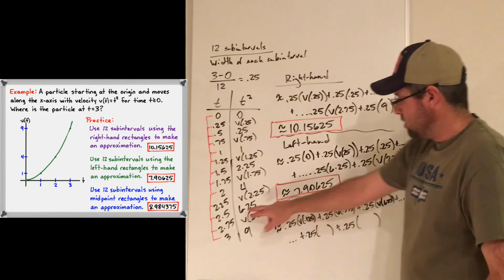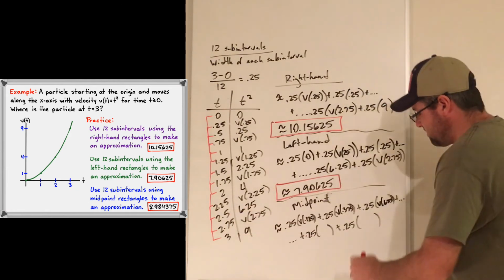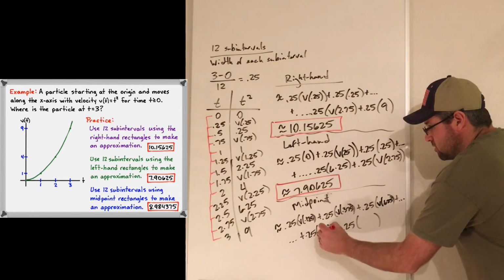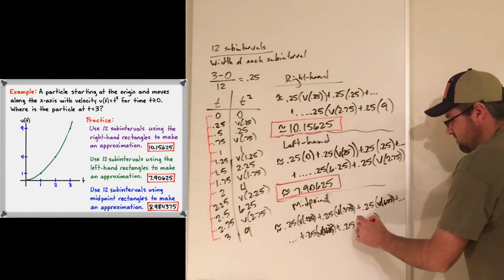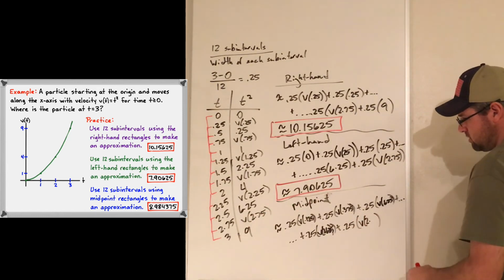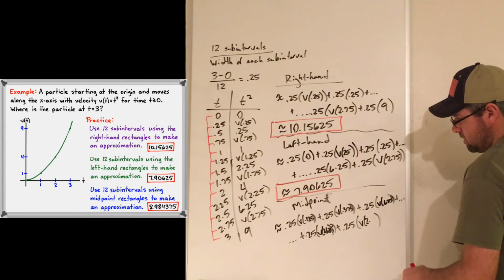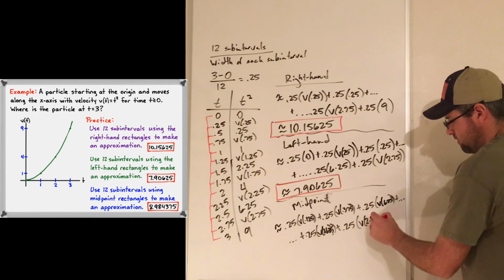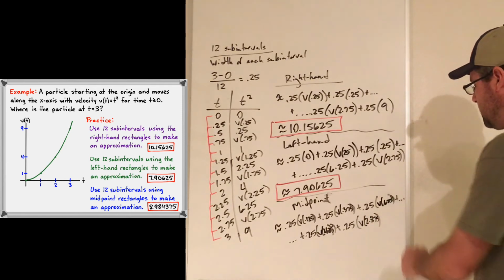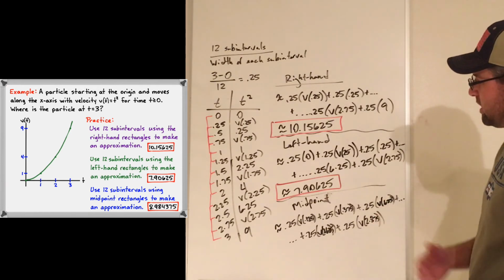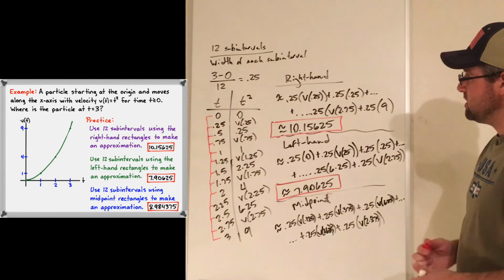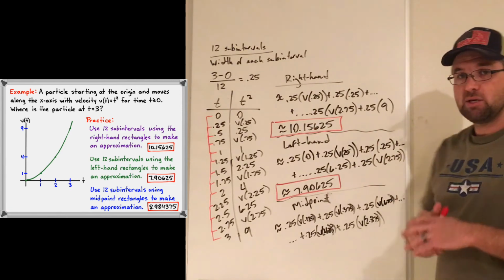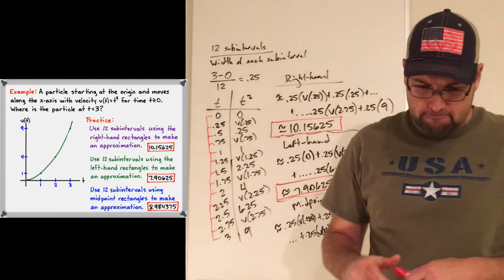And then down here, between 2.5 and 2.75, that's going to be V of 2.625. And then between 2.75 and 3, that's going to be V of 2.875, I believe. Okay? So midpoint gets kind of gross, especially when you have a lot of subintervals. Normally, like on the AP exam, it won't give you so many subintervals and it'll give you a nice clean table to work with on this, okay?